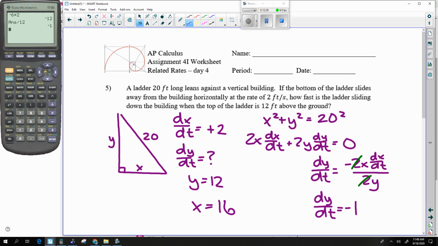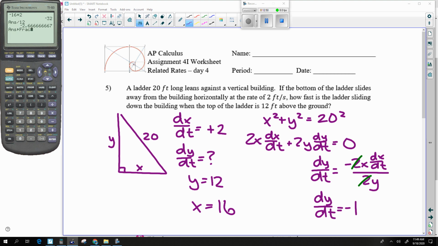So, negative x, which is 16, times dx/dt divided by y.